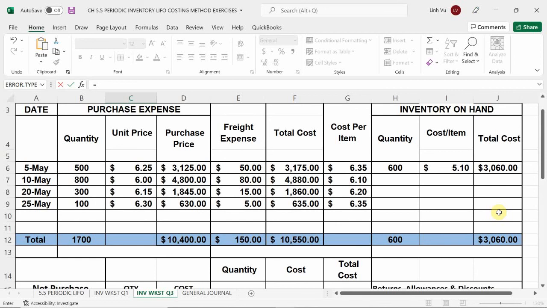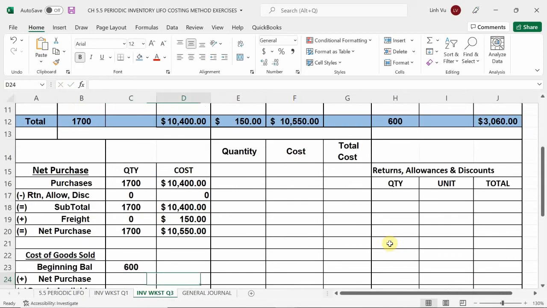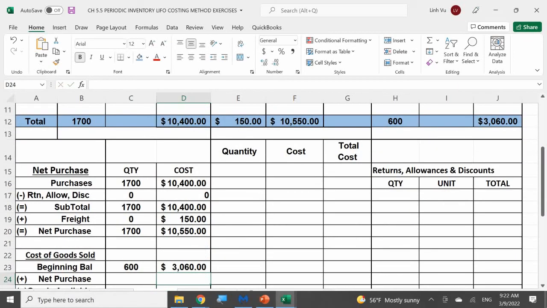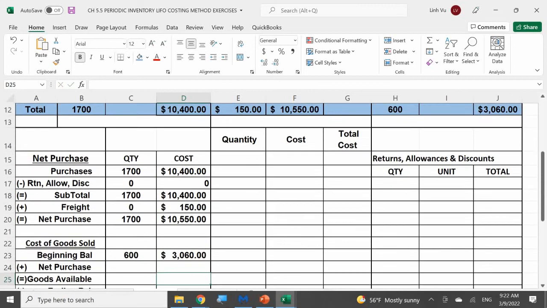What was my beginning inventory? The 600, right? That's what I started out my inventory with, was I had 600 units at a total of 3,060.